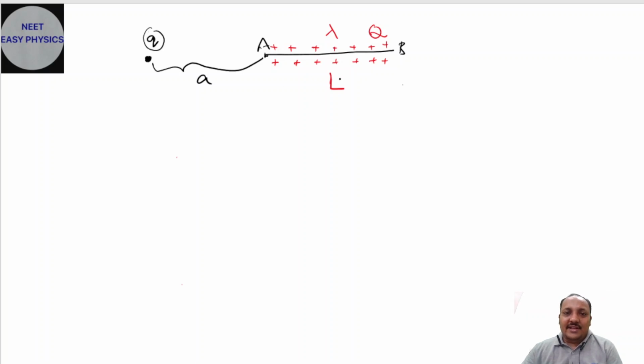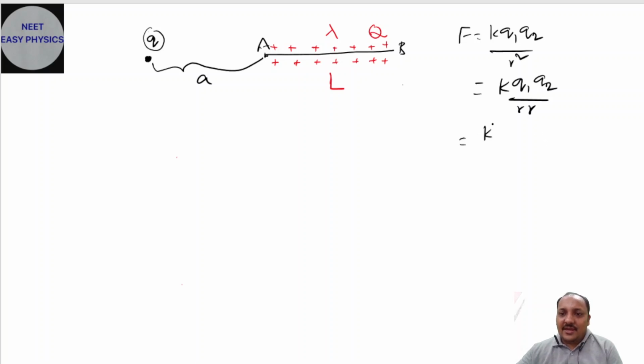Generally, we will write our formula: F is equal to K Q1 Q2 by R square. If you want to use the shortcut, we can directly write F is equal to K into Q1 Q2 by R into R. So K, what is Q1?